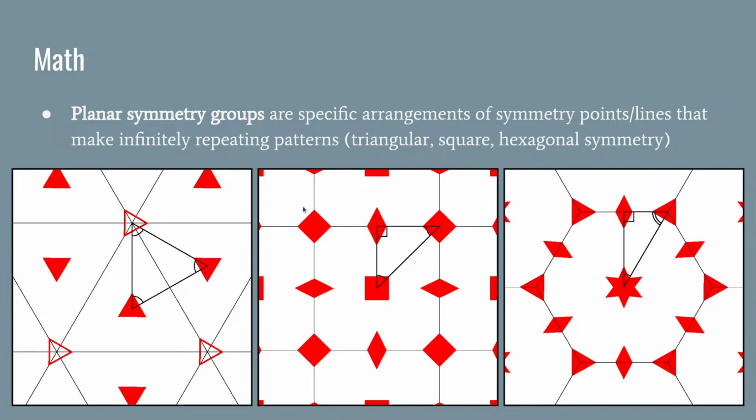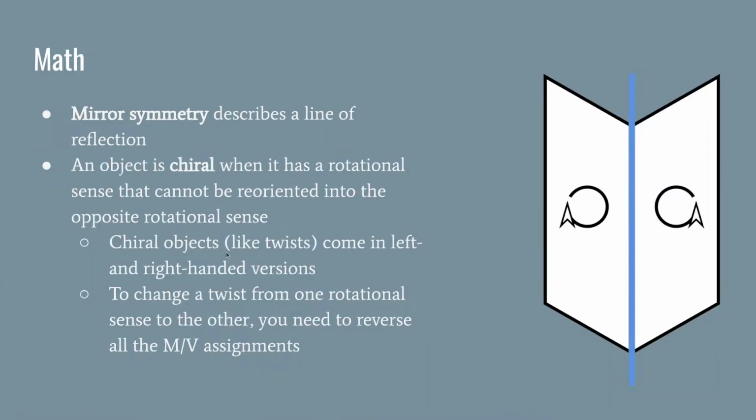And by the way, you do not change the rotational sense of a twist by flipping the paper over. This is something that's often confusing for people, because if you have like a clock, it's rotating clockwise if you look at it from one side, but if you look at it from the other side, it's rotating counterclockwise.